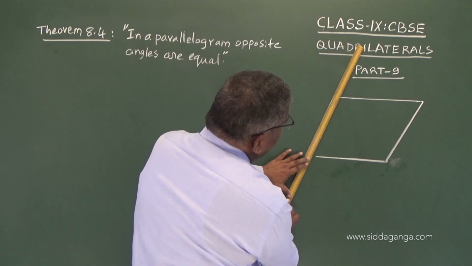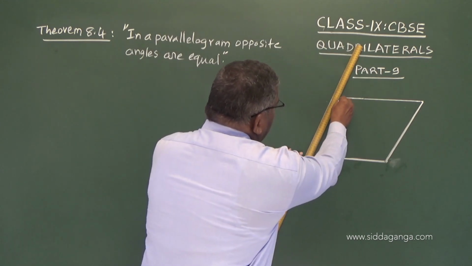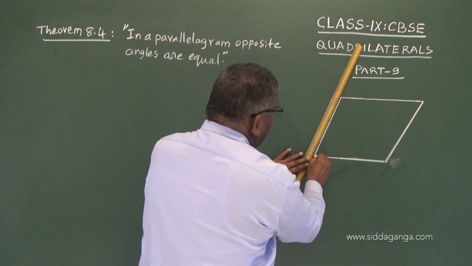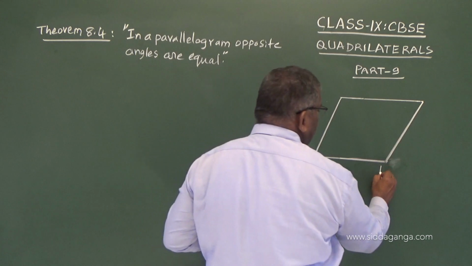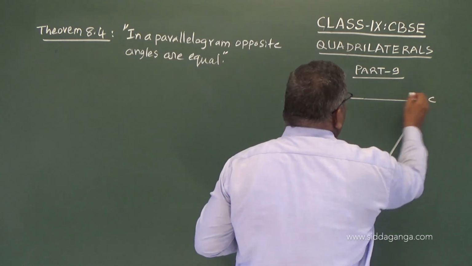So this side is parallel to this side. So this is ABCD, a given parallelogram.